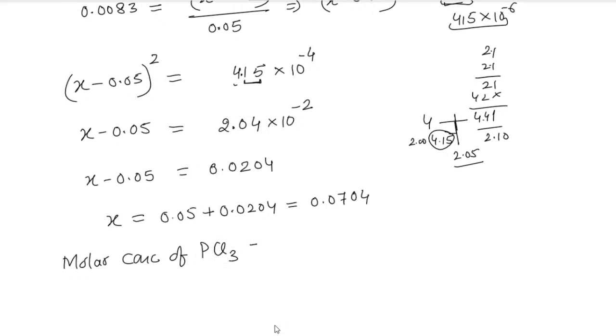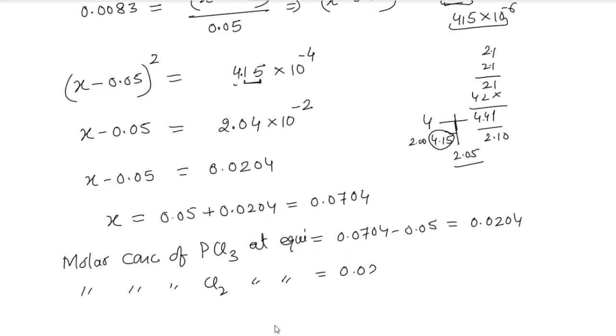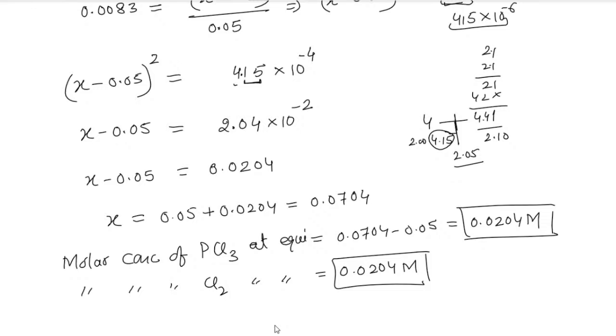The molar concentration of PCl3 at equilibrium is x minus 0.05, so 0.0704 minus 0.05, which comes out to be 0.0204, and the molar concentration of Cl2 is the same, that is 0.0204. Okay, that's it. So this is question number 19.